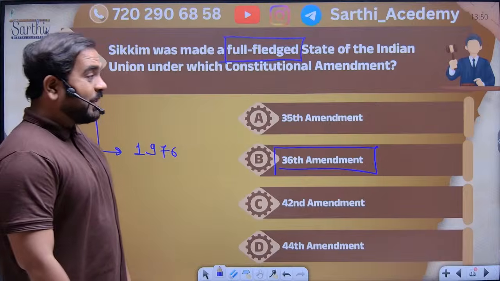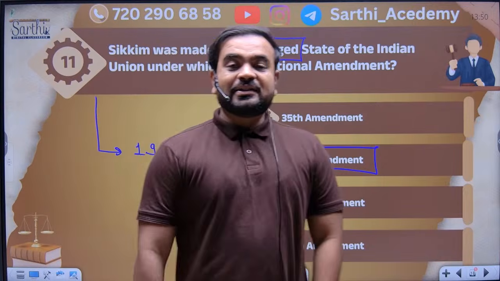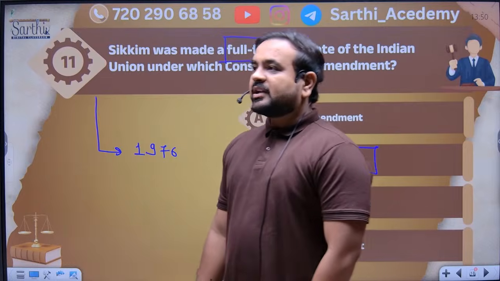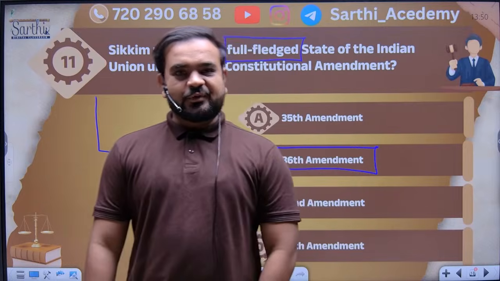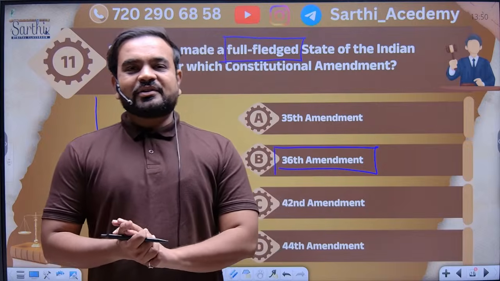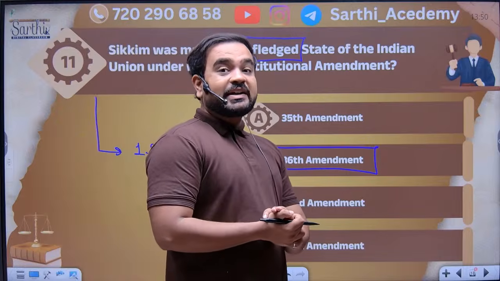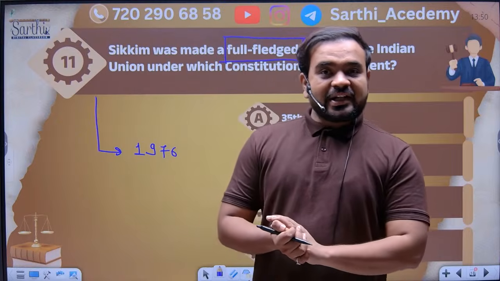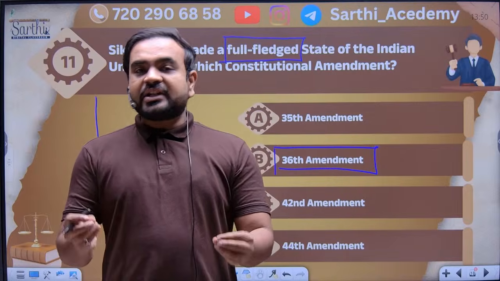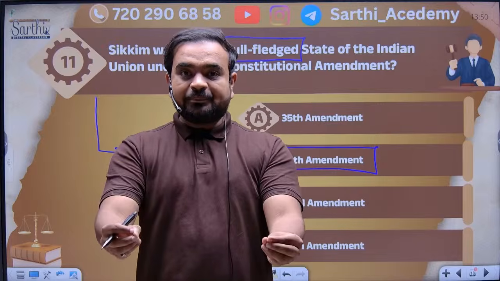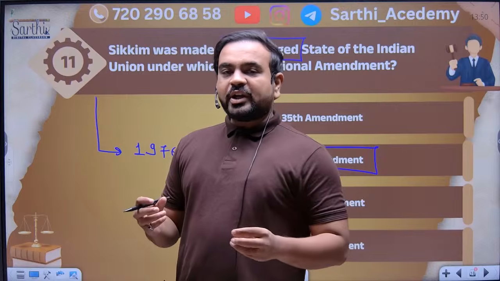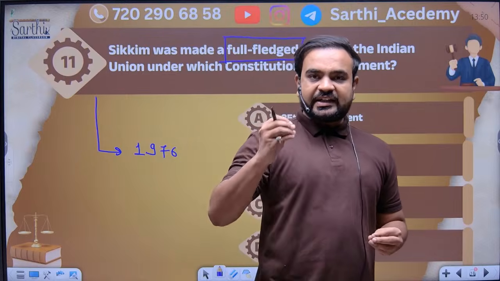When Sikkim became part of India, the Sikkimese people made an agreement with the Indian government that we will become part of India. You will be surprised, because the CBDT, Central Board of Direct Taxes, says that the people residing in every state and every union territory of India have to pay tax.